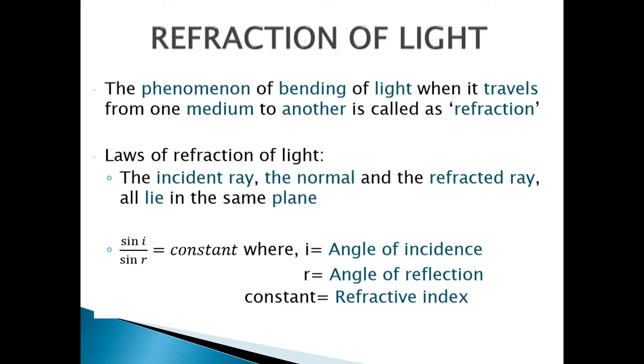Sin i is for the angle of incidence and sin r is for the angle of refraction. So r is the angle of refraction and i is the angle of incidence. The ratio of the sines of these two will be one constant value. This second law can also be named Snell's law. S-N-E-L-L-S, Snell's law.